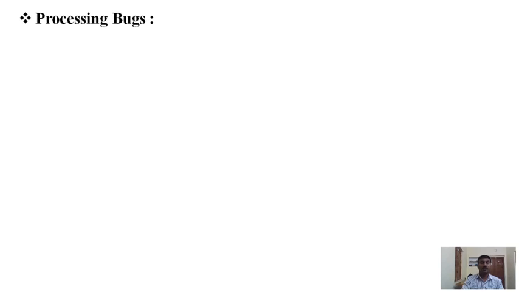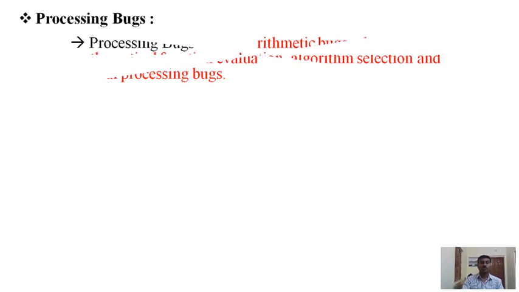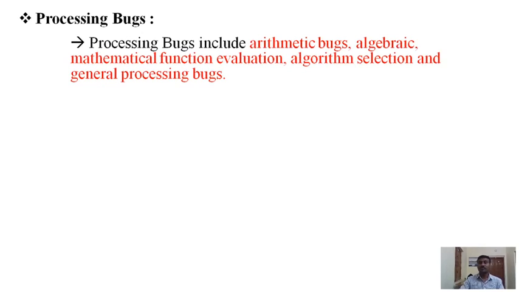Then the third one, processing bugs. Processing bugs include arithmetic bugs, algebraic bugs, mathematical function evaluation bugs, algorithm selection and general processing bugs. When you process any program, if any errors occur, they come under processing bugs.